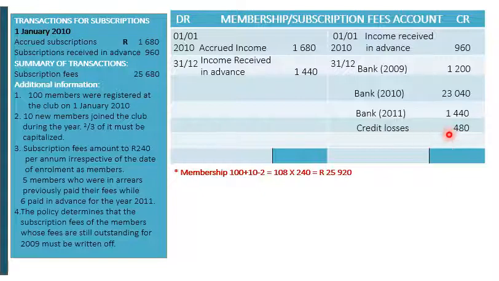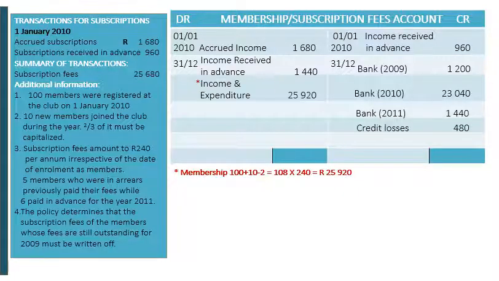We have written off 480 divided by 240. It will give us the 2 members that have resigned. And then it will leave the club with 108 members that are now registered in the club. Multiply it by 240 to arrive at a total income of 25,920.